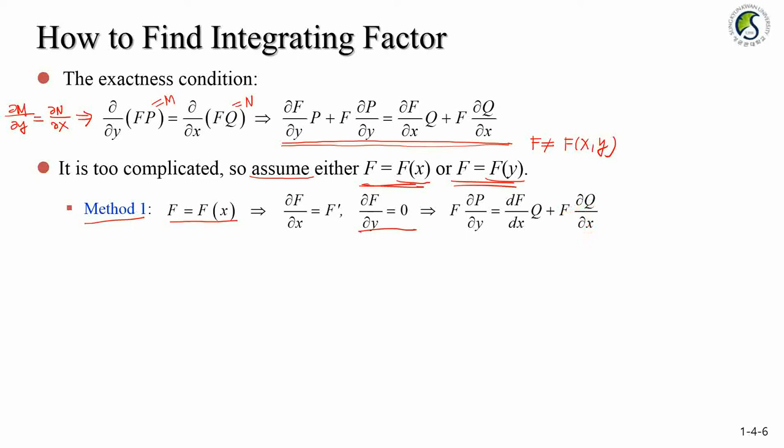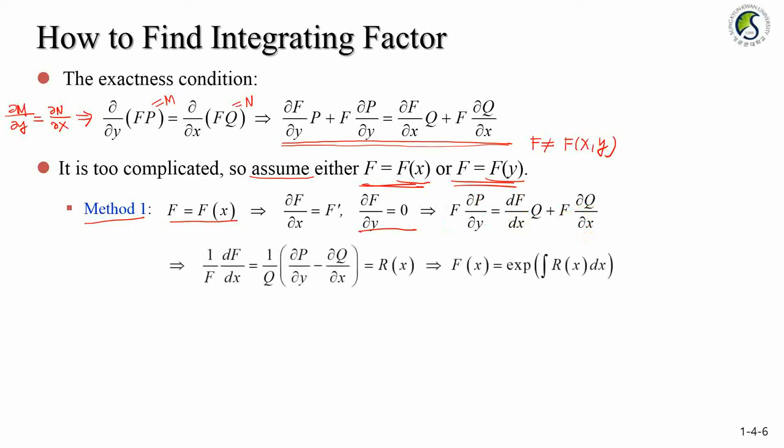By putting all the f terms on the left hand side, you'll get this: 1/f df/dx equals 1/Q times (∂P/∂y minus ∂Q/∂x).